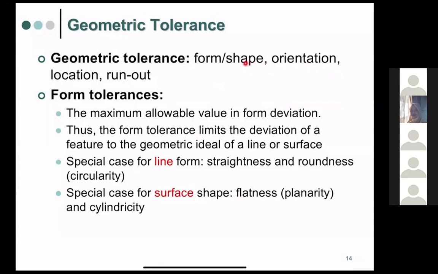Geometric tolerance can be in the form, it can be form, shape, the orientation, the location, and the runout. Okay, so the tolerance is actually the maximum allowable value of deviation, and then the form tolerance limits the deviation of a feature to the geometric ideal of a line or a surface. Okay, and then this geometric tolerance should fit each other, so when all the parts are assembled, we can fix them without hassle.